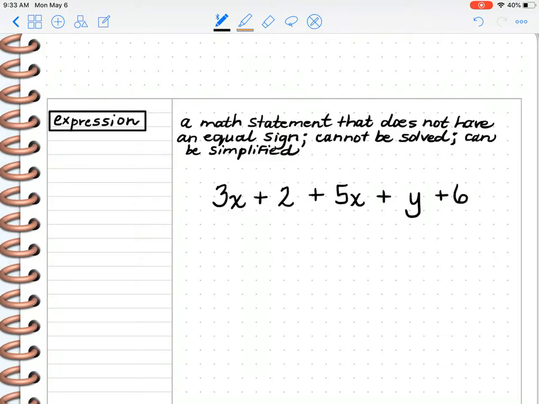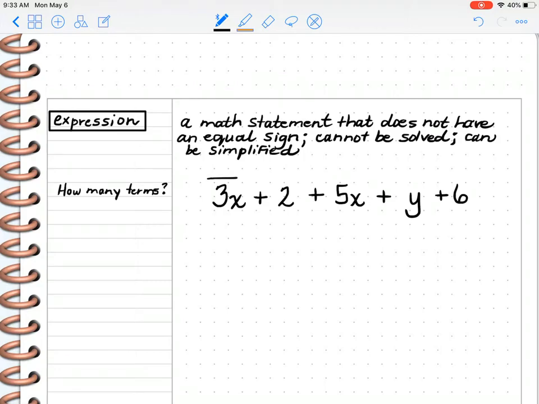The first question, though, I want you to ask yourself before we start is how many terms are in this expression? So let's count them, and as we count them, I'm going to color code.